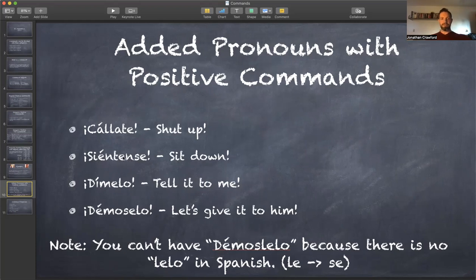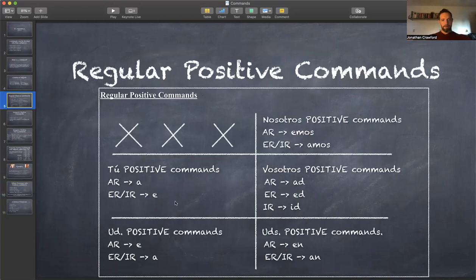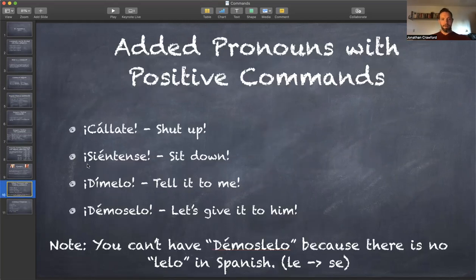It's obvious that it's ustedes because sentar is an AR verb, and this has an EN. If you go back over here, go down to the ustedes, AR verbs turn into EN. And so you know it's an ustedes positive command. Siéntense, sit down.